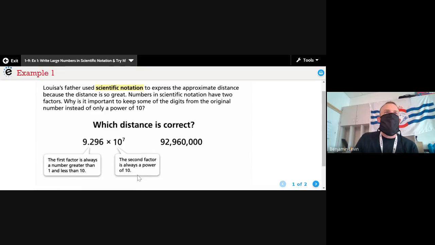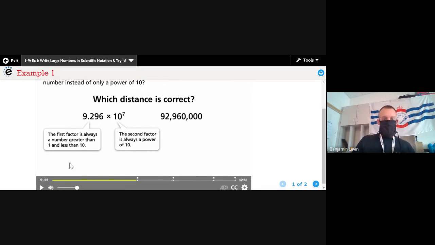And then the second factor is always a power of 10. It is times 10 to the something, and this exponent tells us how many places we need to move the decimal. We'll talk more about that in a second. But the times 10 to the 7th is going to tell us we are going to move the decimal point 7 spaces to the right. So let's keep going.